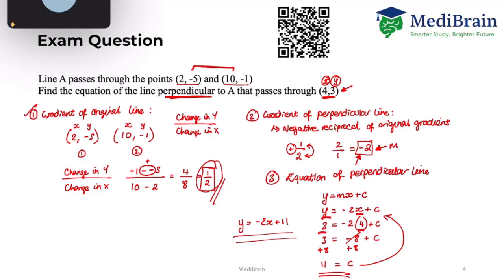And then all we're going to do is rearrange to make c the subject and work out what c is equal to. So c equals 11. Now, once we've worked out what c is, we go back to the original equation over here, y equals -2x plus c, and in place of c, we put in what we got. c is 11. So we have y equals -2x plus 11.